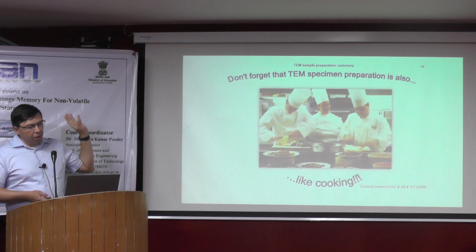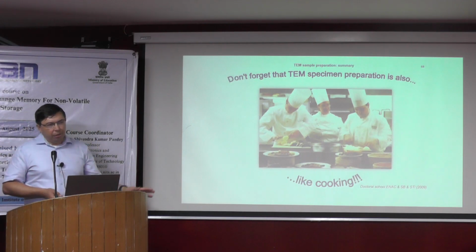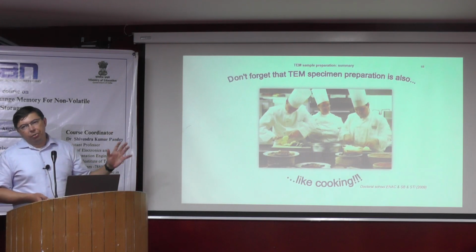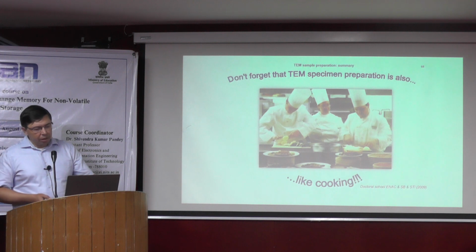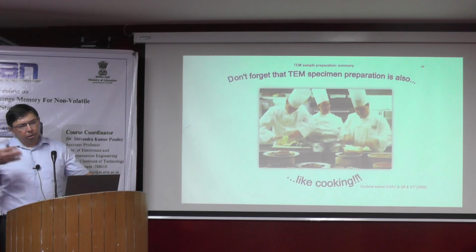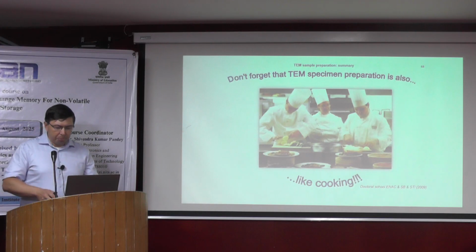As you have seen, there is a huge number, but with FIB, if you know the limitations of FIB, if you know the limitations of the sample artifacts which are produced in your specimen, then you can prepare very nice, very thin specimens. It may take time, 1-2 months, maybe 3 months, but then you can get very nice specimens, and then you will have a protocol which you can apply to your particular system.